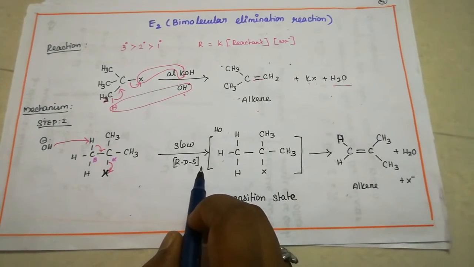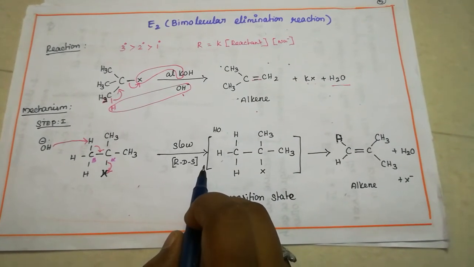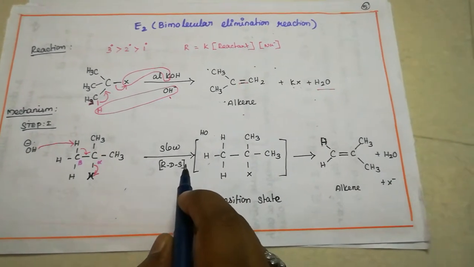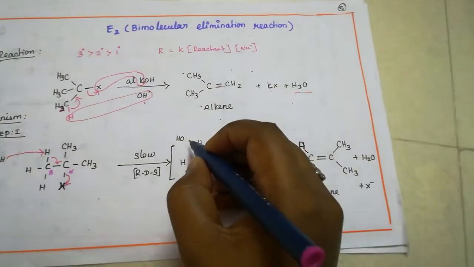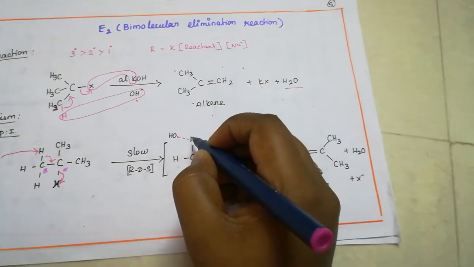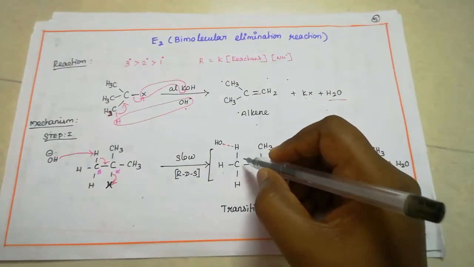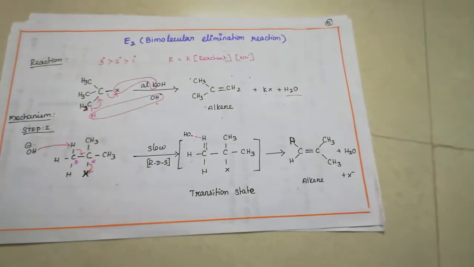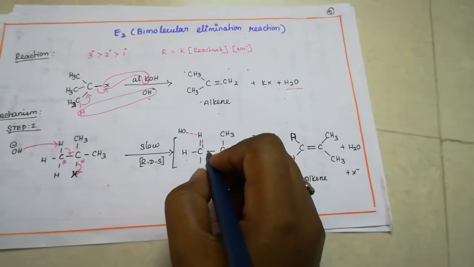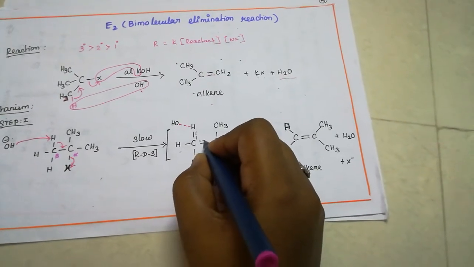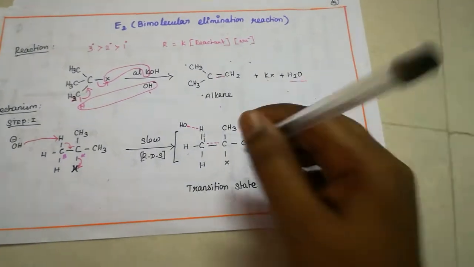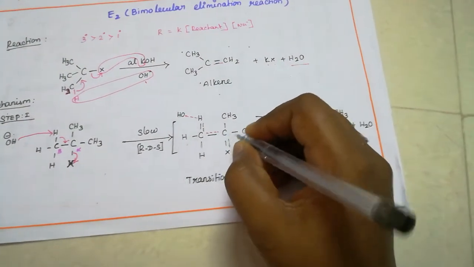Let me show this. This is the slow step and rate determining step. Here OH is making a bond with hydrogen. This bond gets broken, and this bond is making a double bond, and this bond gets broken.